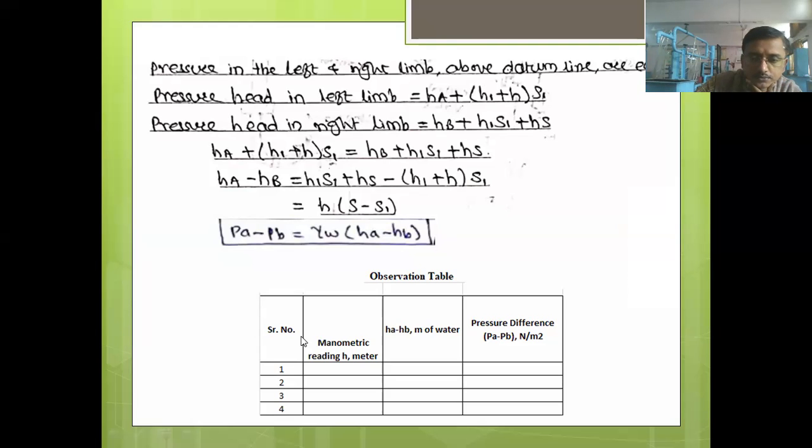Manometric reading, gauge, third column HA minus HB in meters of water, last column pressure difference.